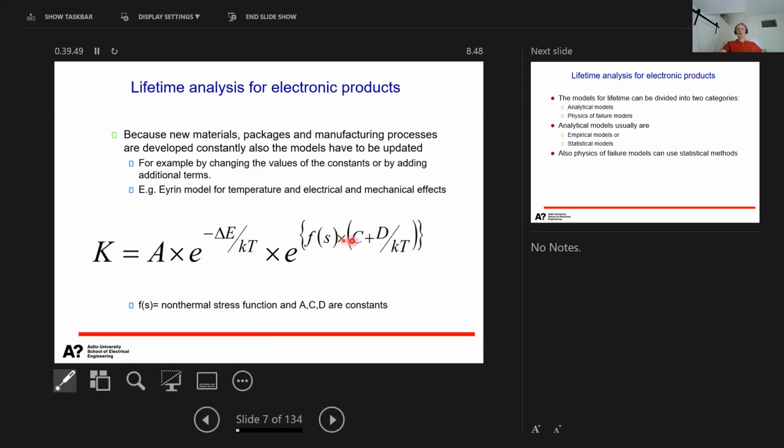So you could consider that these could be something to do with the electrical stresses or mechanical stresses or whatever. So this is just a function which could be coming from the actual physics. So it's based on really how this, let's say, electron flux is affecting that specific failure, or it can be just statistical models. So we just do tests, and then we fit our results into the model and think that, okay, now it describes the effect of this stress.